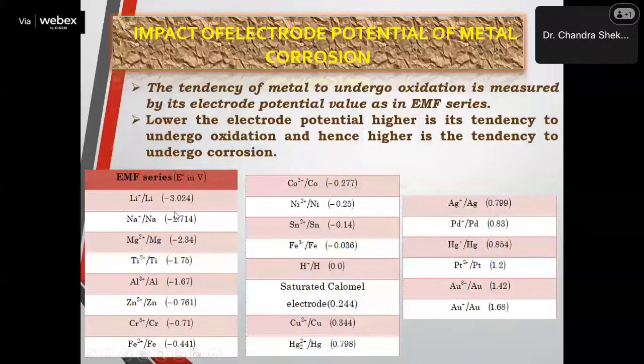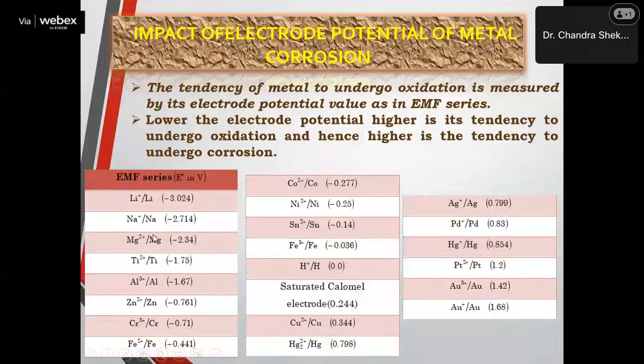Sodium metal, if you recall, is stored in kerosene. That is because kerosene is a nonpolar solvent, where the sodium metal will not undergo any corrosion.